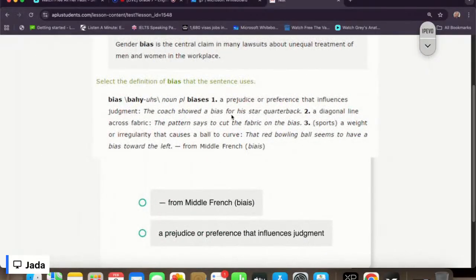So gender bias is the central claim in many lawsuits about unequal treatment of men and women in the workplace. So is it first or second?